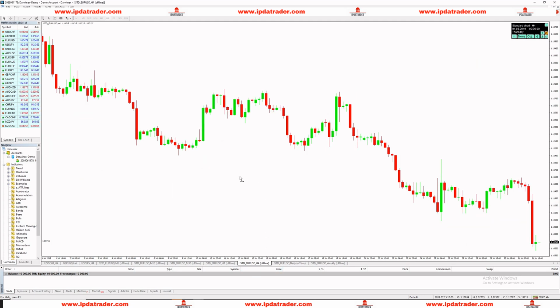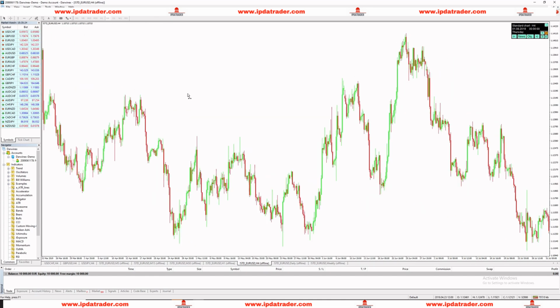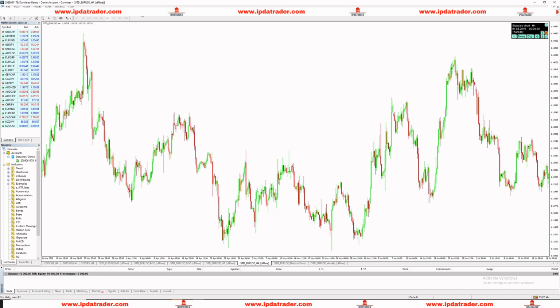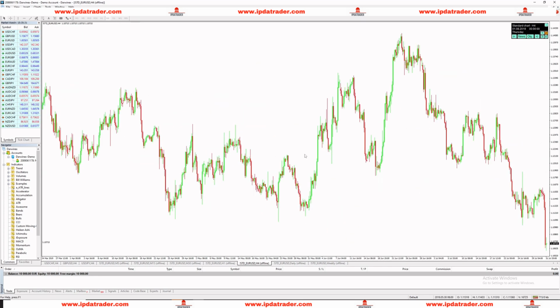We can now move on to the 4-hour, and we will be able to see more information once again, right? So if I do this, we'll be able to go to the left. And if I zoom out, we can see that this is where our information starts, right? So looking at this market, it's very easy to see that we've traded below a pool of liquidity right over here, right?